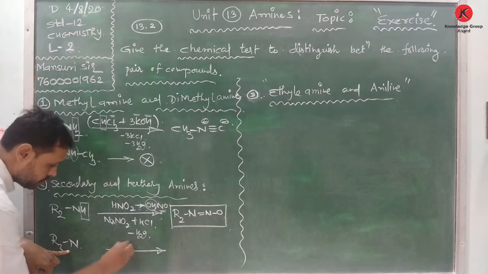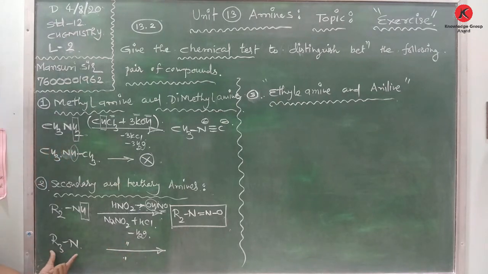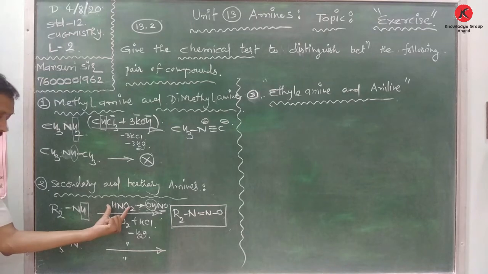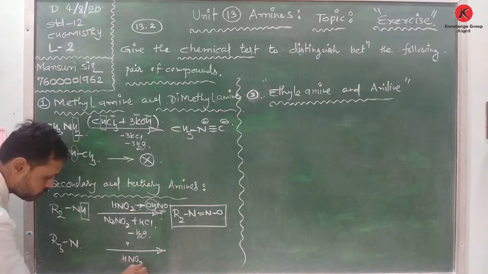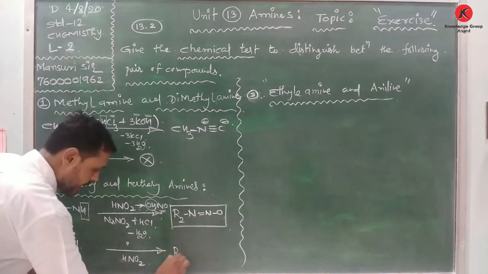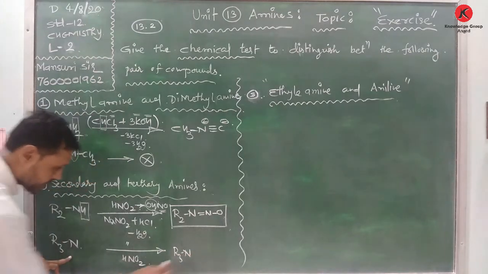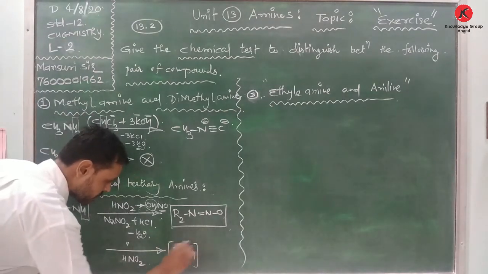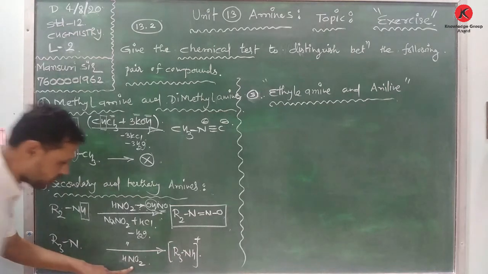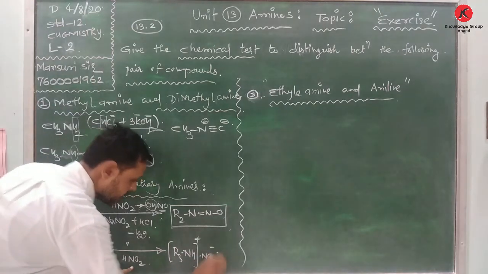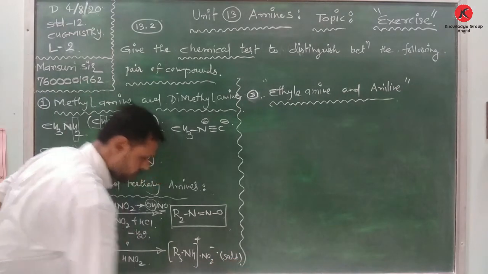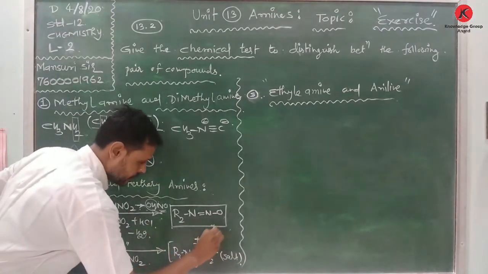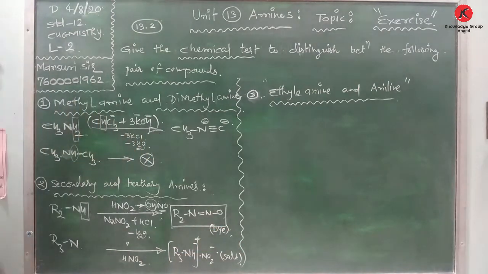Thereafter R3N. Whenever R3N, a tertiary amine, reacts with HNO2, it forms a soluble salt. How is it possible? R3N reacts with hydrogen and forms a cation, and thereafter NO2 is as it is. So this is a salt. This is a dye, a yellow dye you can say.